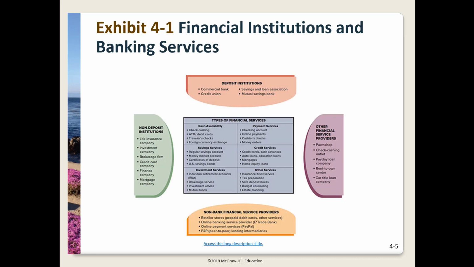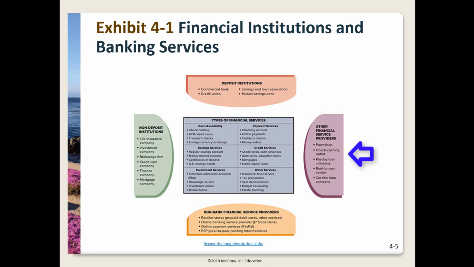Exhibit 4.1 on page 108 in your text gives a graphic representation of the types of financial institutions and services available. Starting at the top, the ones we're probably most familiar with: deposit institutions, commercial banks, and credit unions. Non-deposit institutions also offer a variety of financial services. These include credit card companies, life insurance companies, investment companies, and finance companies.